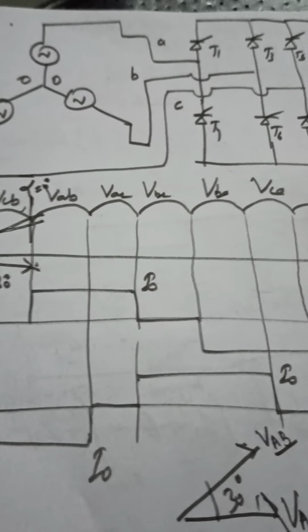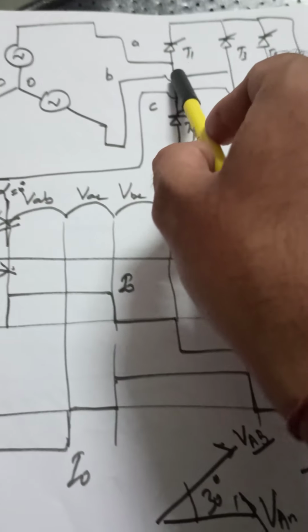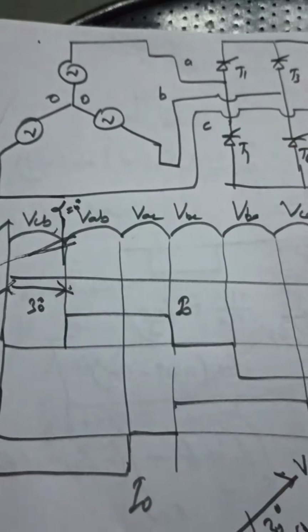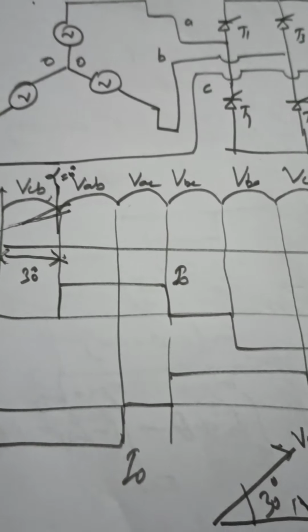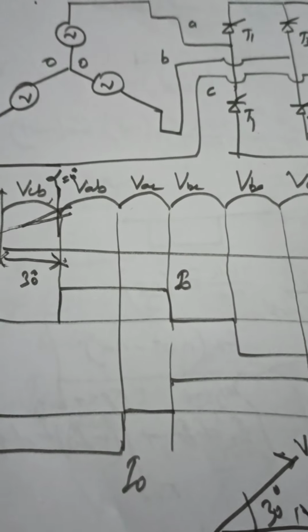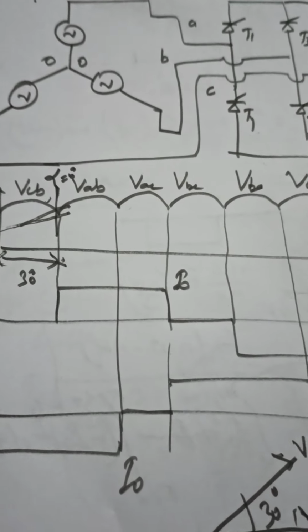Are you getting it? The current will move through T4 and then enter our source. So it becomes very easy and simple to understand that the source current will reverse its polarity. Once it was positive, now it will become negative.